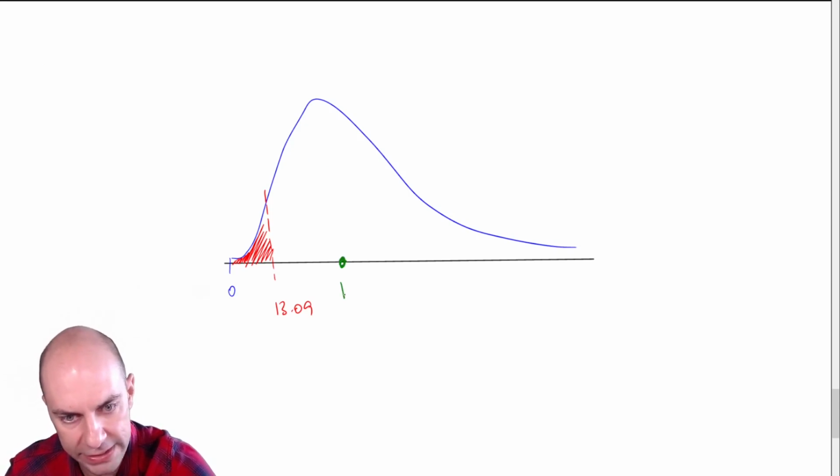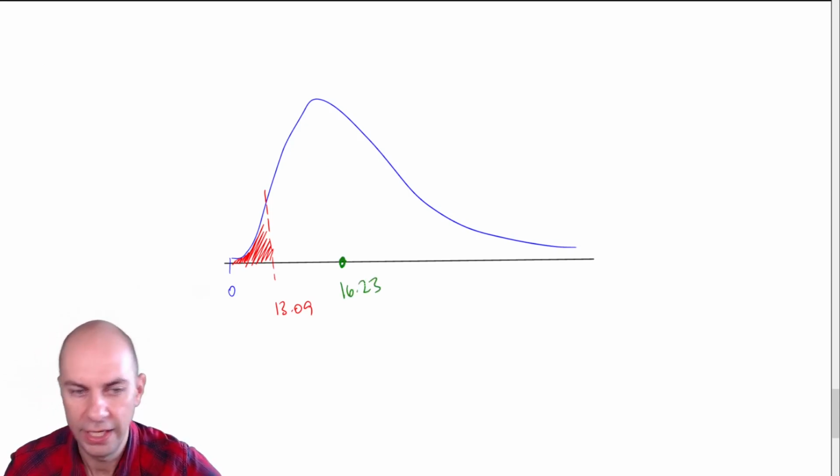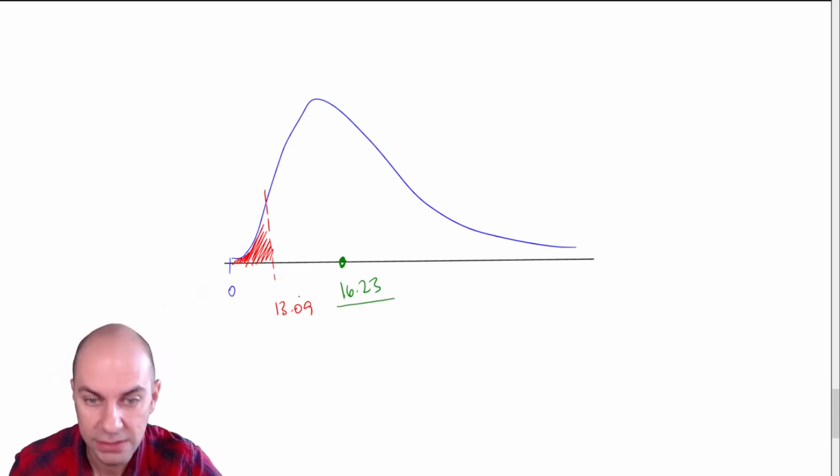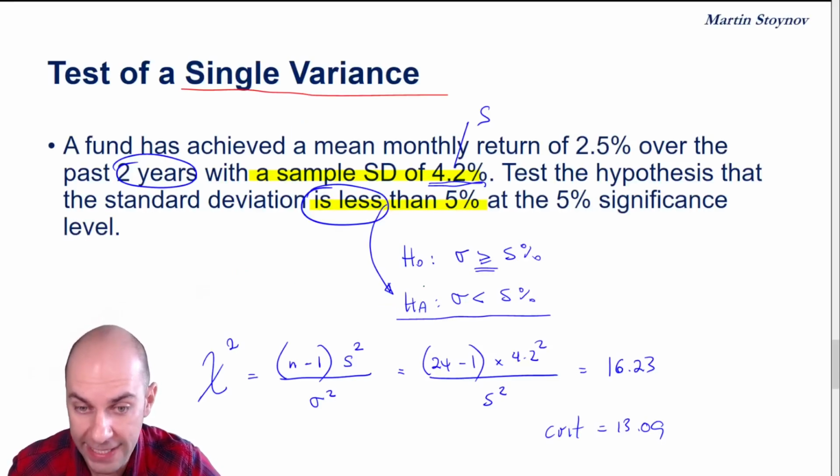So let's say 16.23 is here, and you can see that 16.23 is not in the rejection tail. Anything under 13.09 would have been rejected. However, because our computed value is above 13.09 and it is not in the rejection tail, our conclusion in this case will be to fail to reject the null. Therefore, we are confirming the null here.